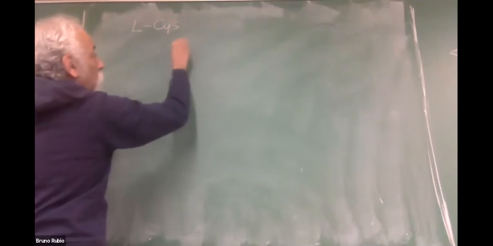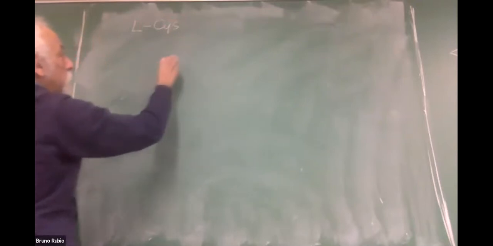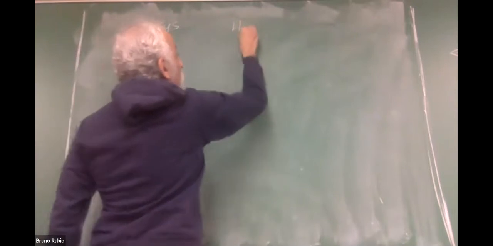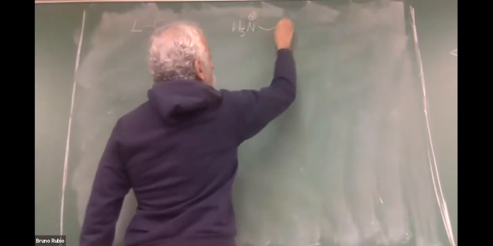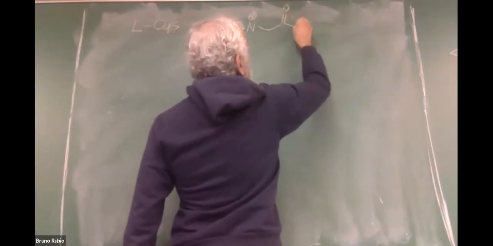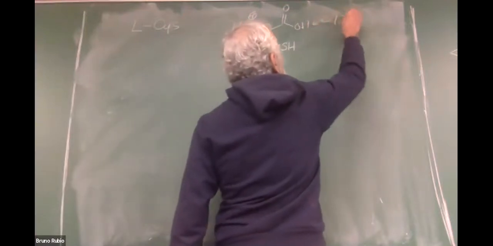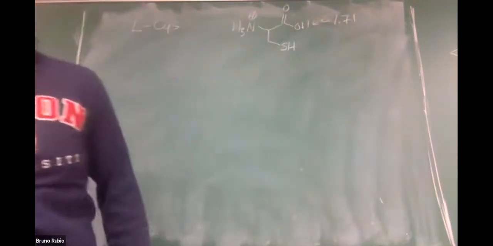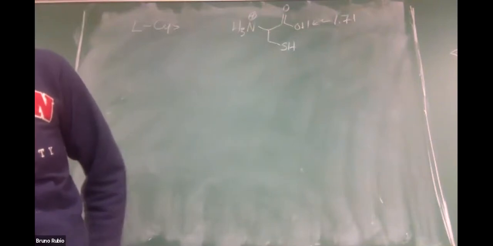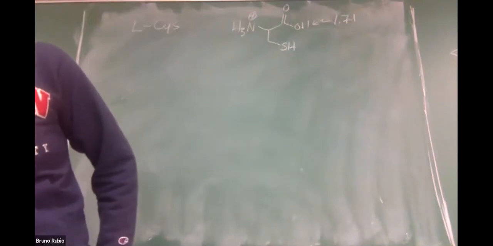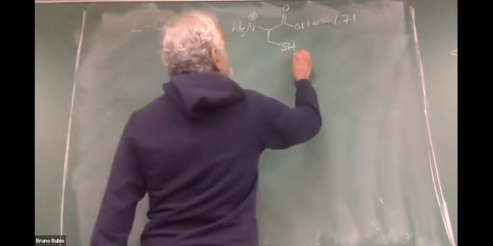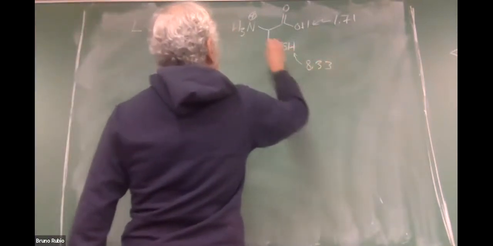All right, so from that table, cysteine looks like that, and the table says 1.71. The table says 8.33 for that guy.